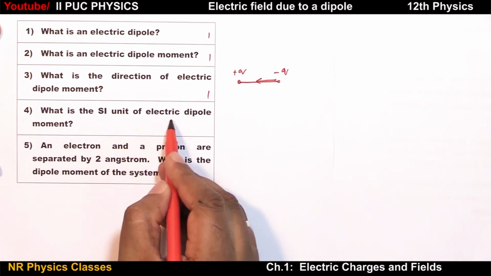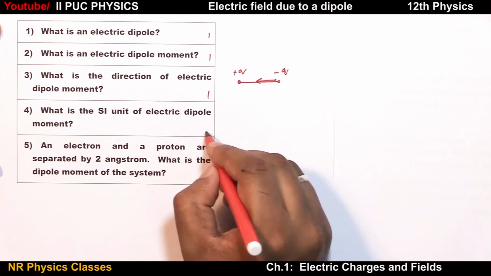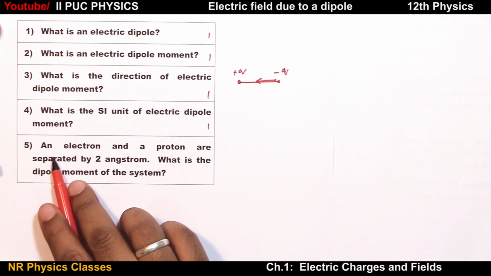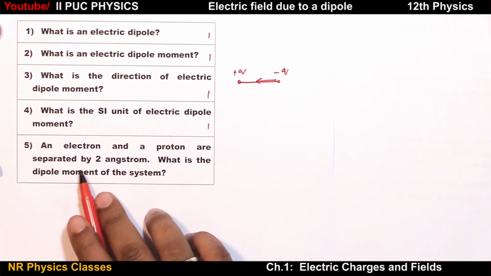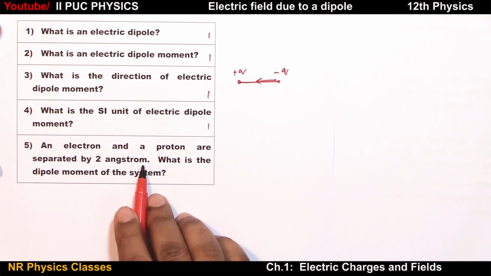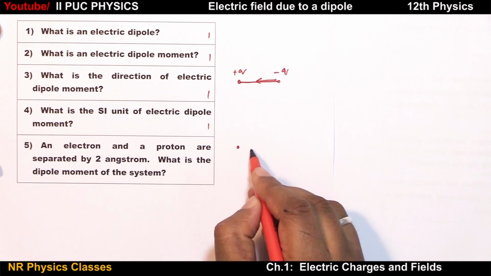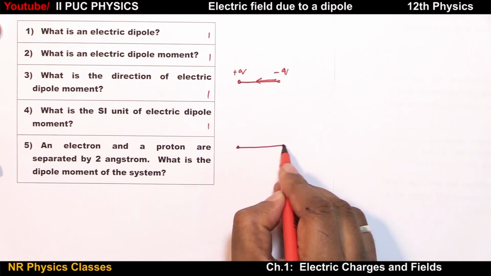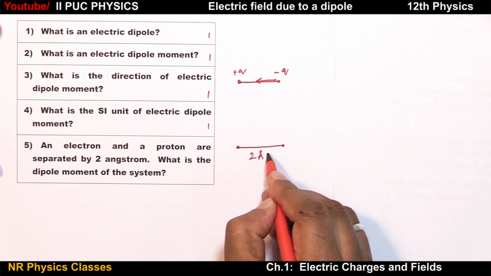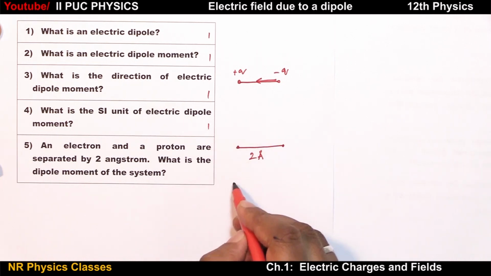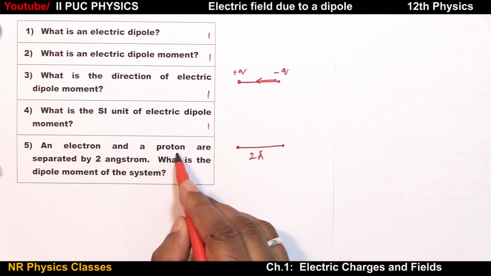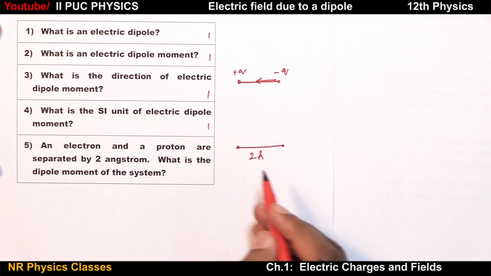What is the SI unit of electric dipole moment? 1 mark. An electron and a proton are separated by 2 angstrom. What is the dipole moment? This is electron, this is proton. Distance is 2 angstrom. Magnitude of charge of electron is same as the magnitude of charge of proton.